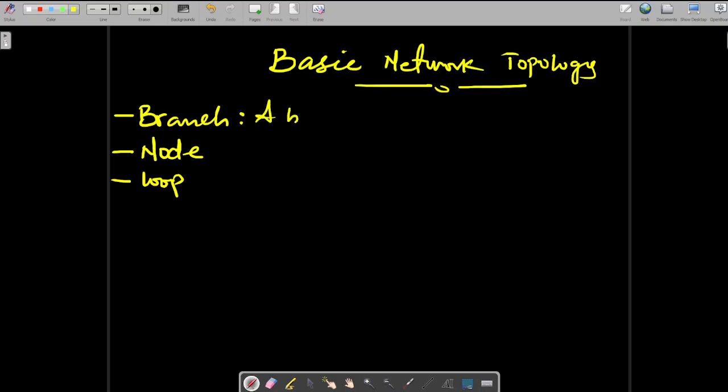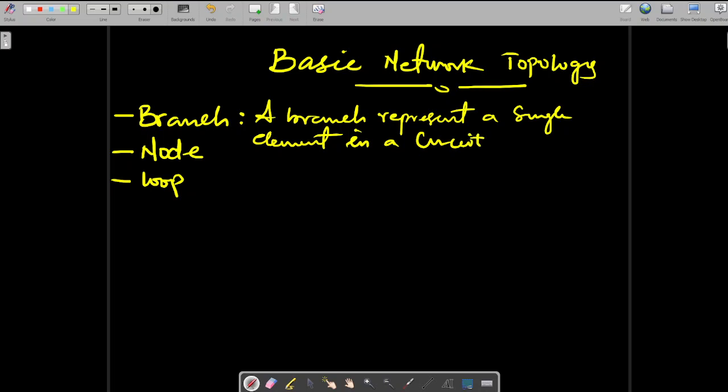A branch represents a single element in a circuit, such as voltage, current, and resistor.